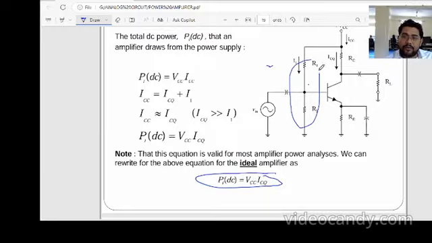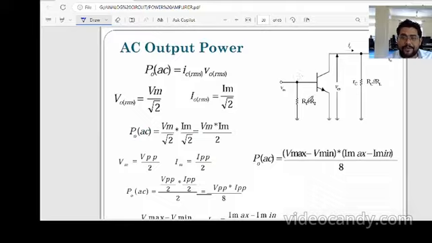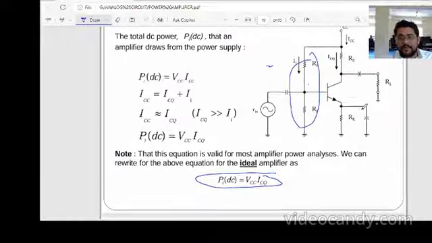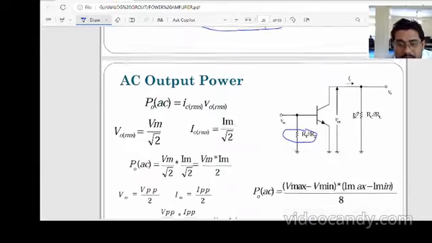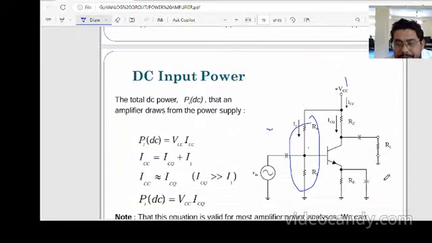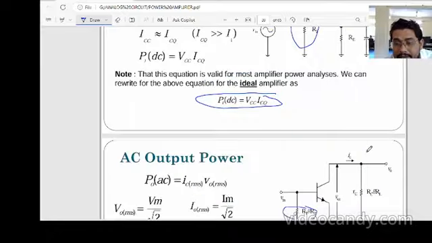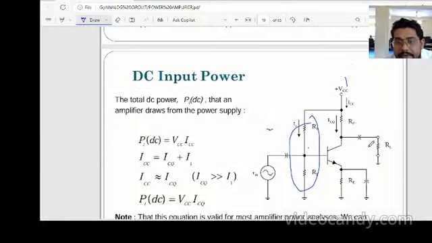R1 and R2 are parallel here, and this is the load, which is also parallel here. If we draw the circuit, RE and RL are parallel, and RC and RL are parallel.